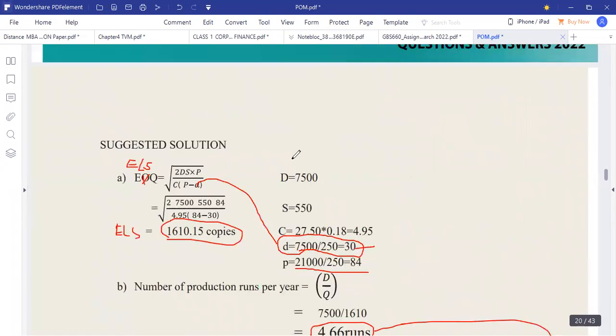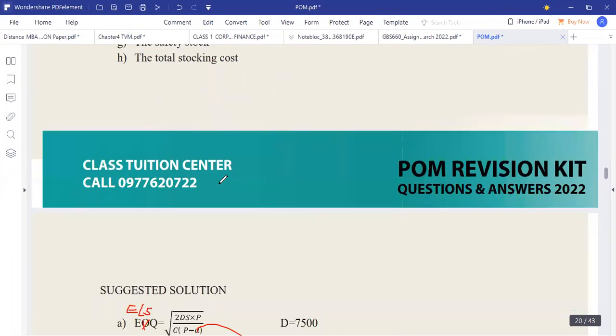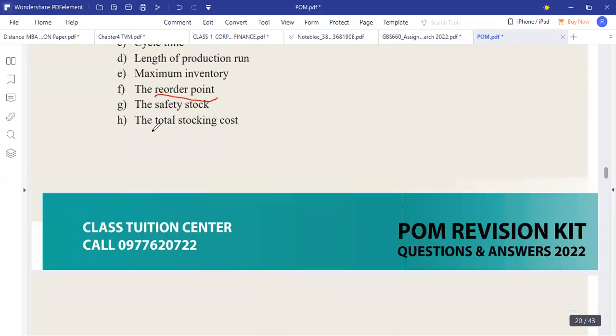And then we go to the total stocking cost. Since there is a safety stock, we can simply say this is the total stocking cost due to safety stock, due to SS.